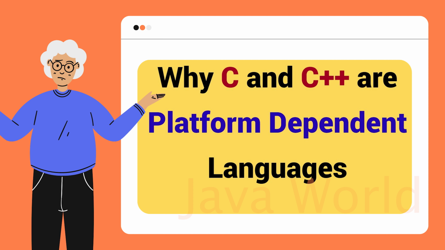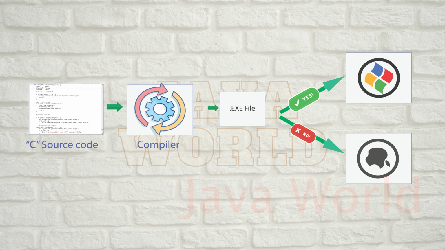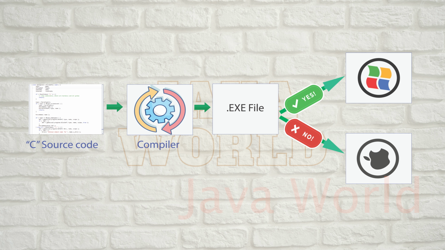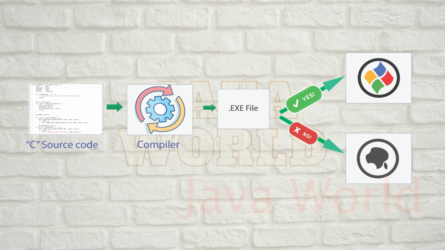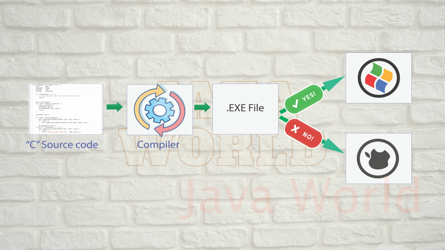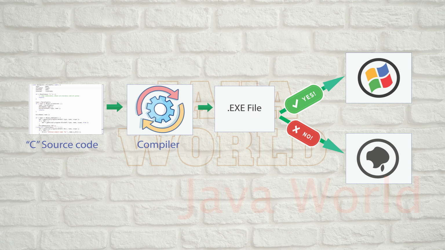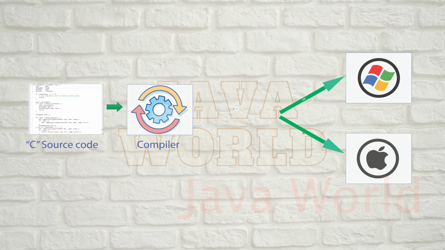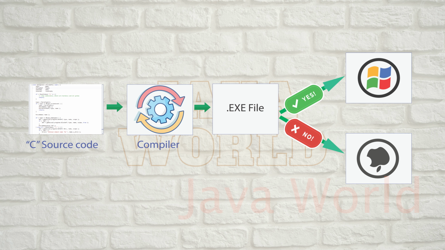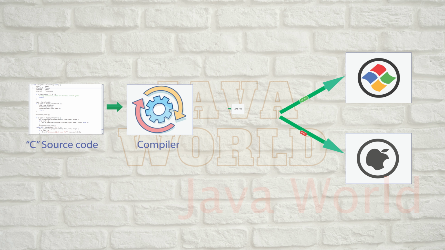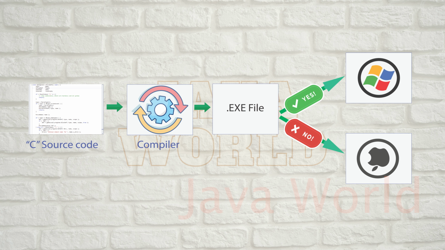Let us see how C and C++ work on computers. When a C++ program is written and compiled in Windows OS, the code is first converted into machine-readable language. The compilation process will generate natively executable code in the form of a .exe file.